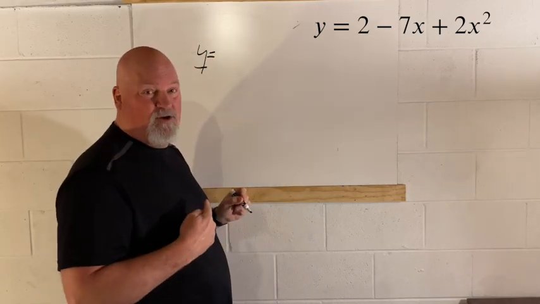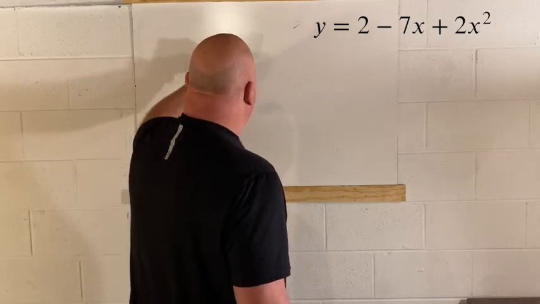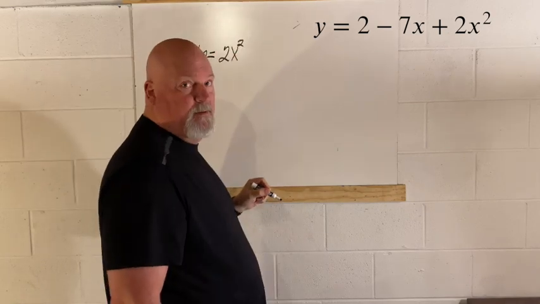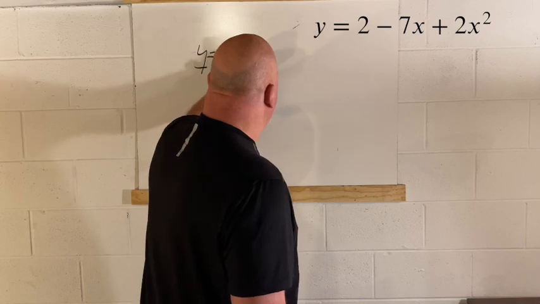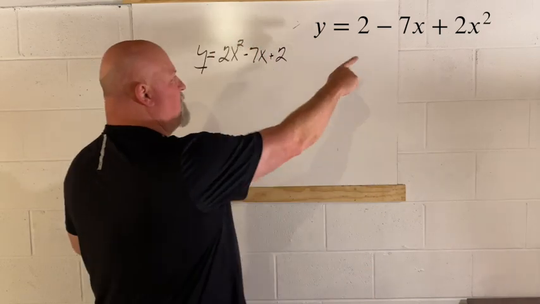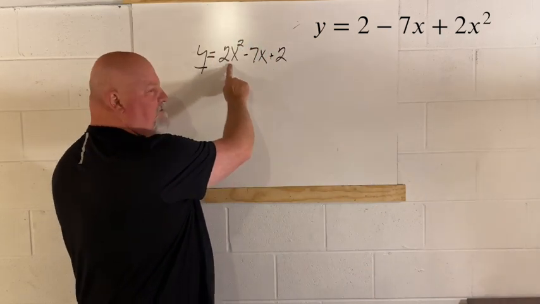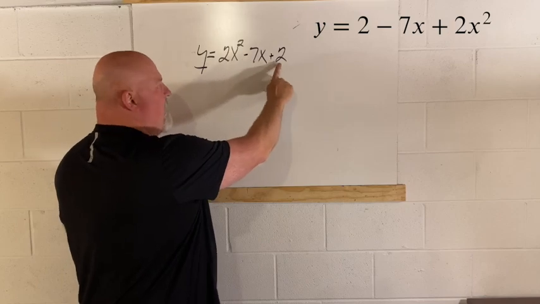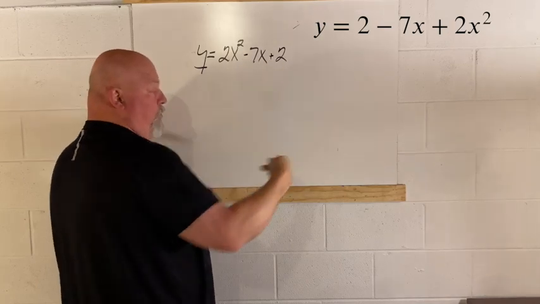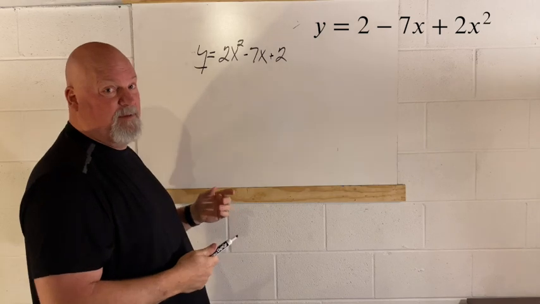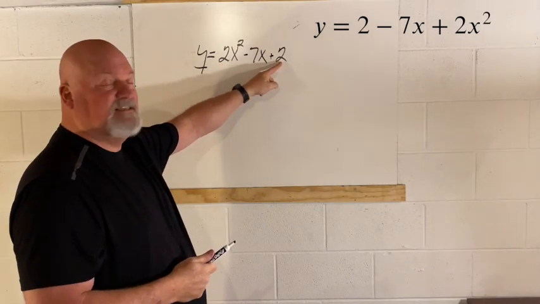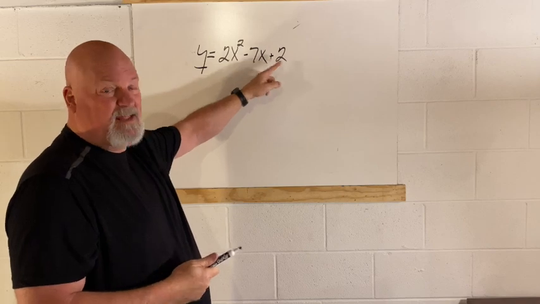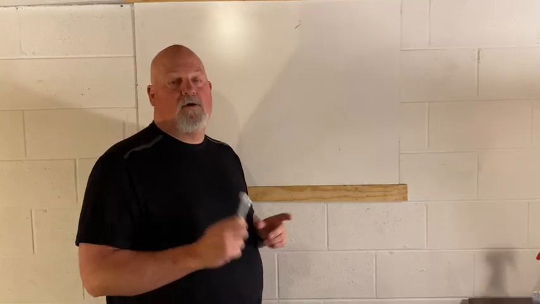So there's my y equals, and then 2x squared minus 7x plus 2. We just rearranged it so we have the quadratic term, the linear term, and then the constant term. Now let's label A, B, and C. There's A, 2; B is negative 7; and C is 2. Not a big problem.